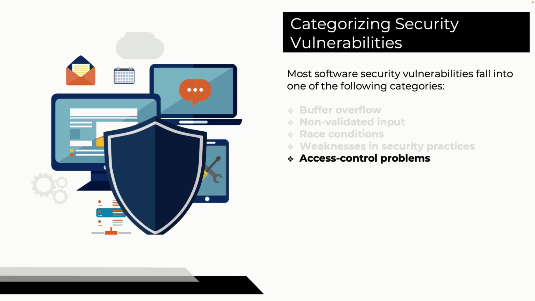Access control problems. Access control is the process of controlling who does what and ranges from managing physical access to equipment to dictating who has access to a resource such as a file and what they can do with it, such as read, write, change, delete, etc. Many security vulnerabilities are created by the improper use of access control.